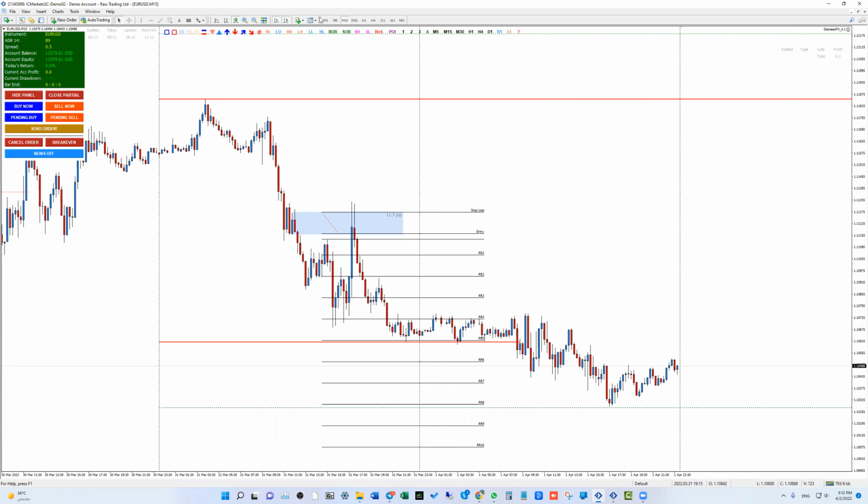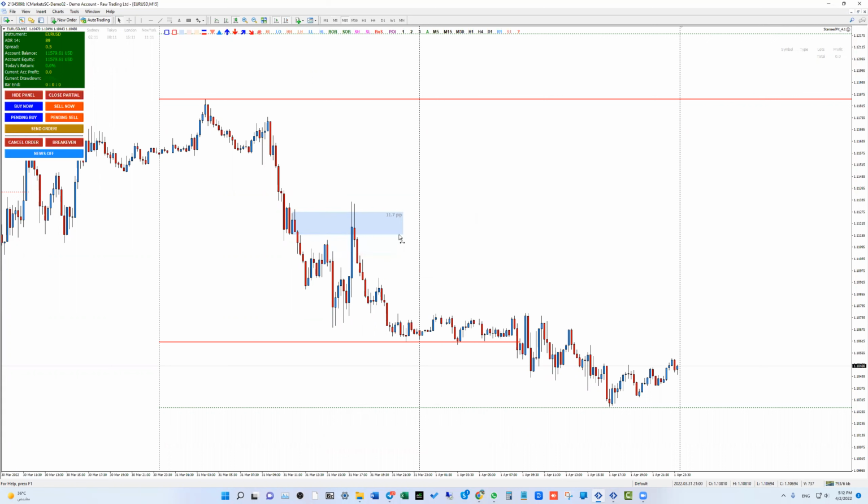Imagine if you are doing 5-minute or M1 on any other pair. If you know the direction, you do not want to wait until the price breaks. You can see this is the break of structure and this is probably your order block, 50% of it. So you know the price can go to 27.